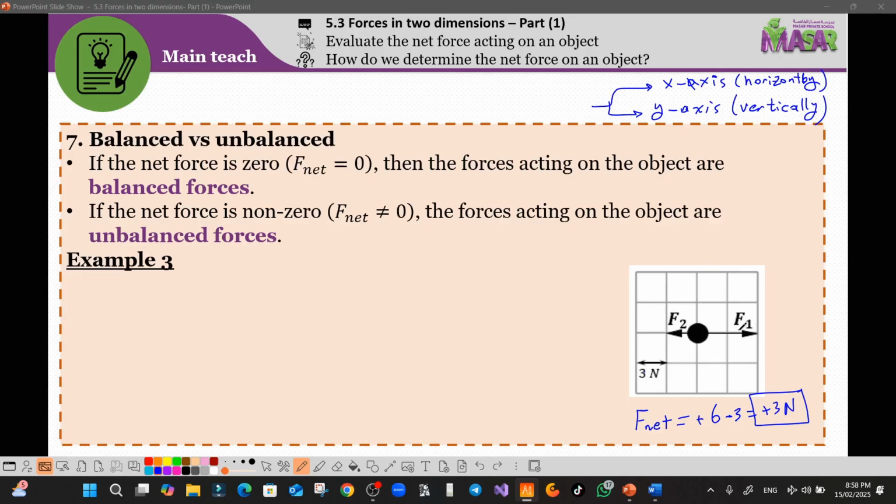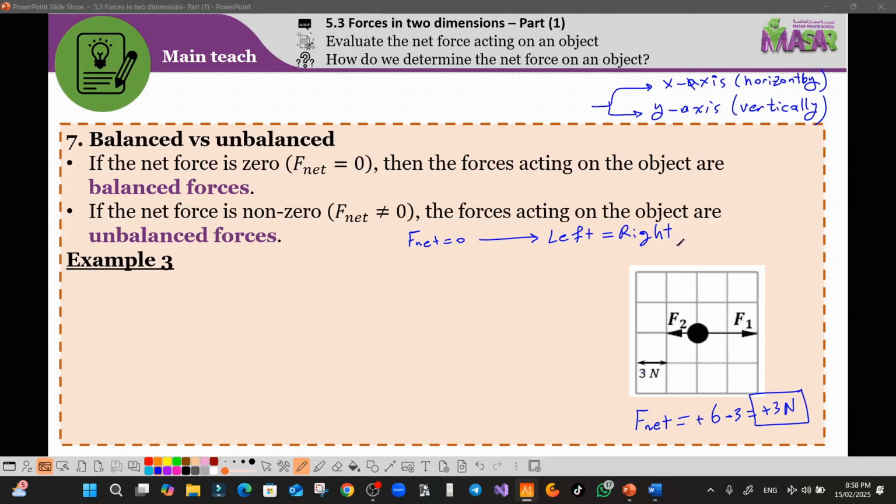So if left is equal to the right, then the F net is equal to 0. If left does not equal the right, then F net cannot be equal to 0. So we can say that F net is equal to 0 if left equals right. So the forces on the left are equal to the forces on the right.